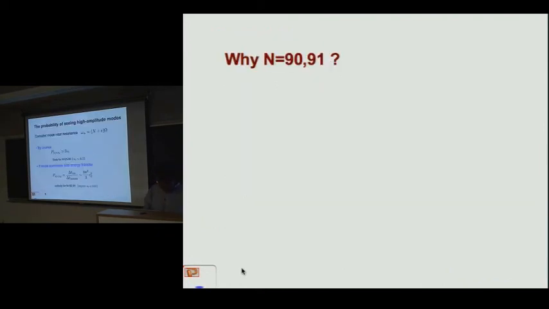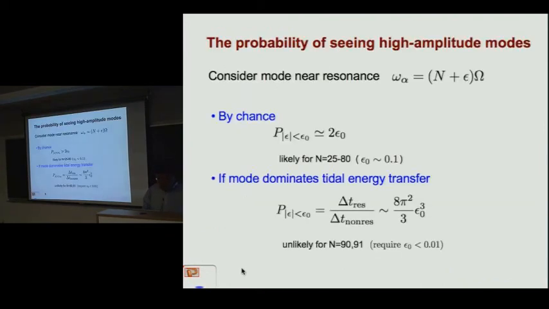Now, you can't completely rely on coincidence. I'll explain why. Because you could just say, oh, maybe it's a coincidence, you just happen to have a mode sitting at 90 times the orbital frequency. Let me explain why that's not possible.